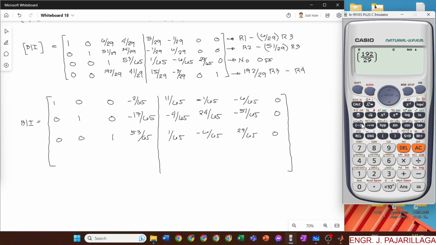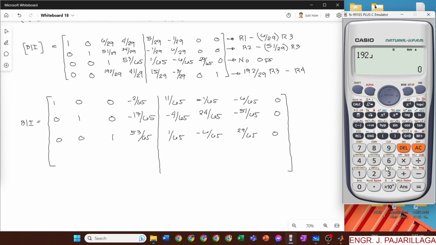Sabihin ko itong alpha A minus alpha B. Ayan. So, ito yung aking equation na to. So, i-calc ko na lang to. Calc, ang value ko ng A is yung R3, which is 1. Ang value ko ng B is yung R4, 192 over 29.